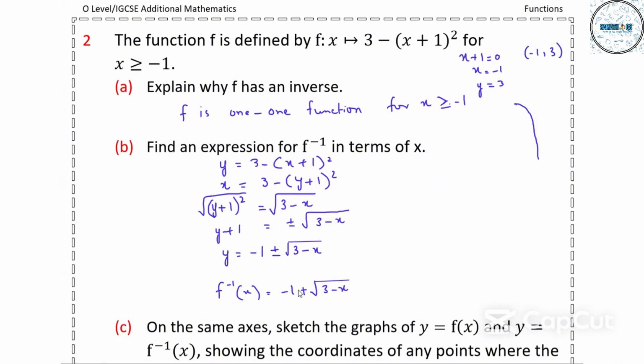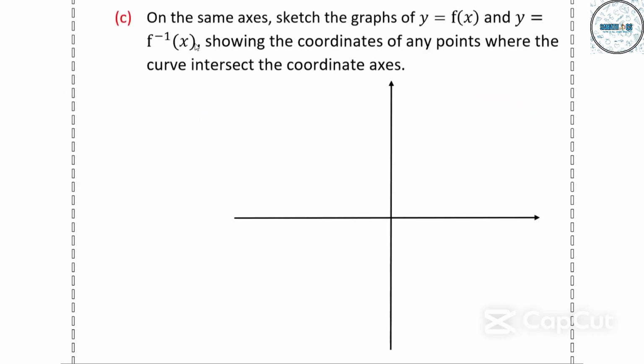Part C, on the same axis, sketch the graphs of y is equal to f(x) and y is equal to f inverse of x, showing the coordinates of any points where the curves intersect the coordinate axes. We know the turning point is -1, 3. So you can mark this point on this grid.